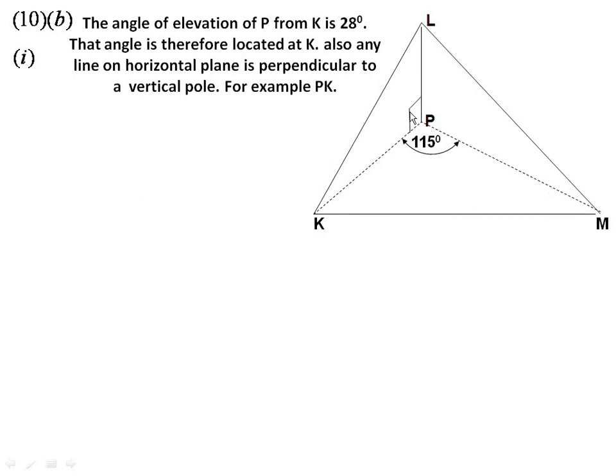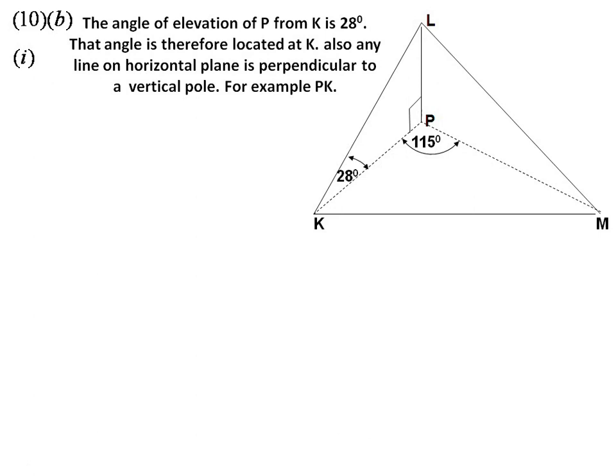So this is a right angle. All of these 3 lines are on horizontal ground, and this is a vertical pole. Any line like this on the ground that meets the pole will therefore be a right angle, because vertical and horizontal meet at right angle.